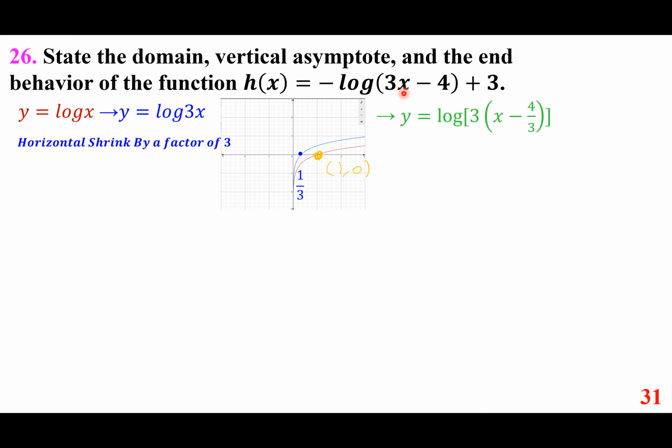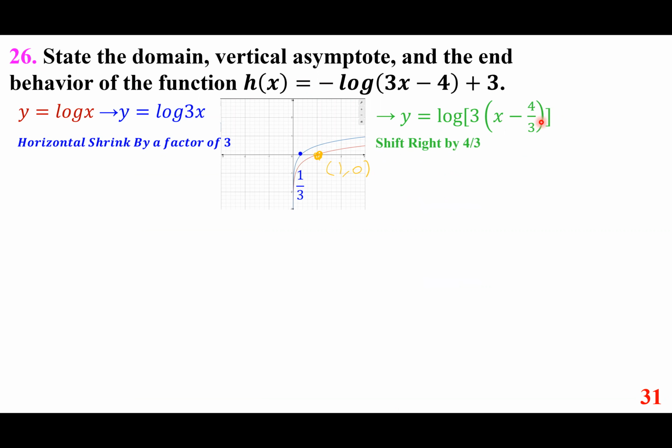Since we have 3x minus 4, if we take the 3 out, we get 3 times (x minus 4/3), which means it has been shifted to the right by 4/3. So shift right by 4/3.